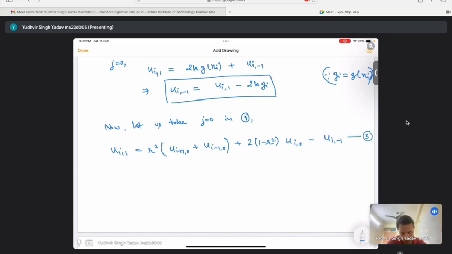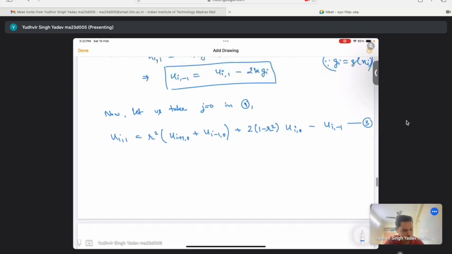So this will be equation number 3. As I have said, this term cannot be found from the grid or from the mesh, as we do not have any negative time step. So this can be substituted using equation number 2.